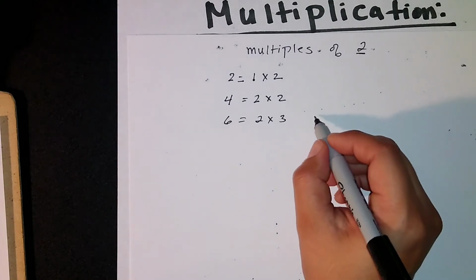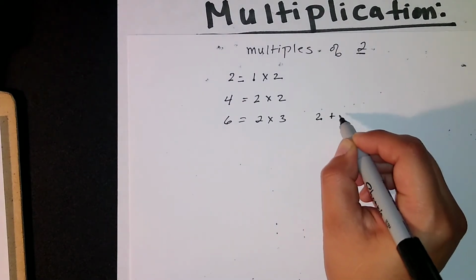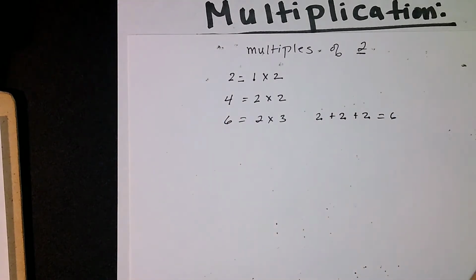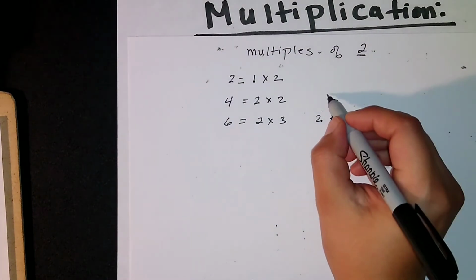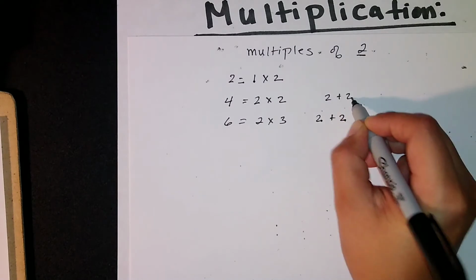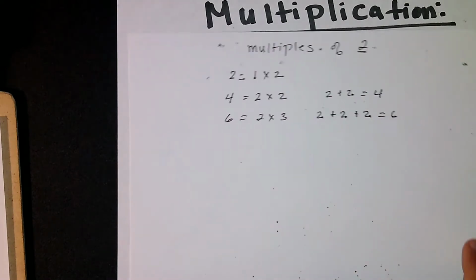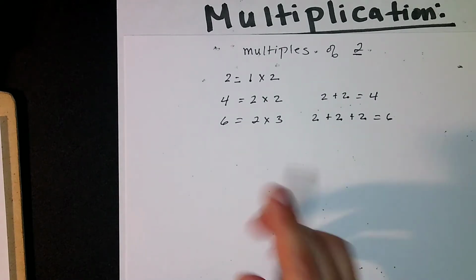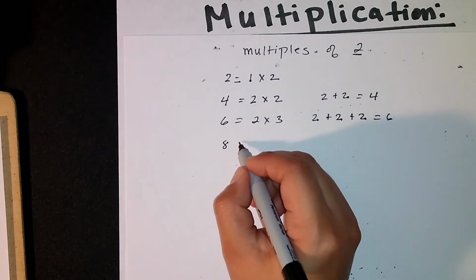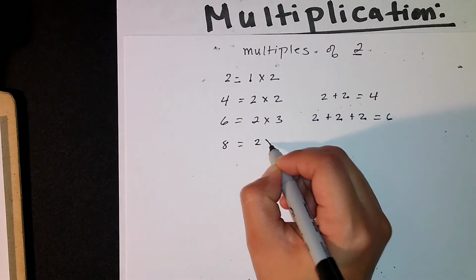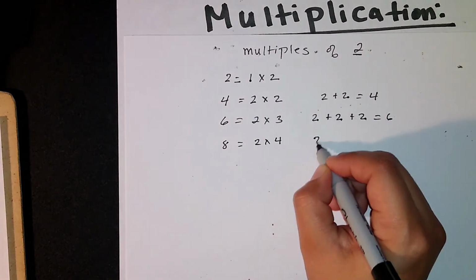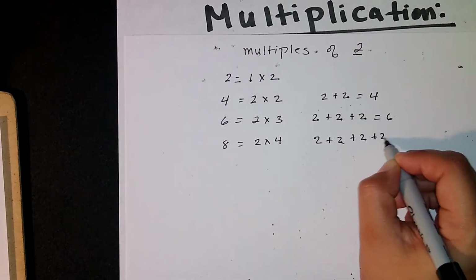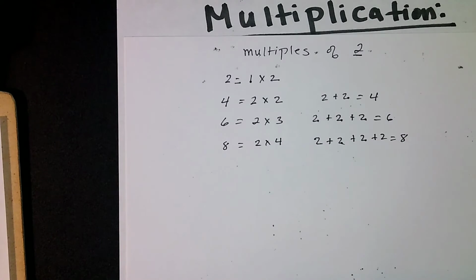For example, 2 plus 2 plus 2 is 6. 2 plus 2 is 4. 2 times 4 is 2 plus 2 plus 2 plus 2 is 8.